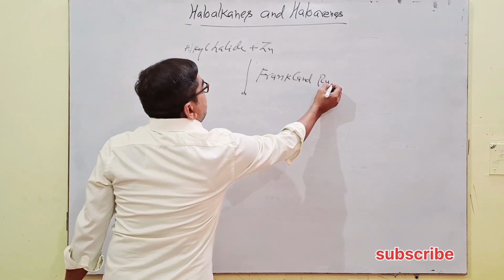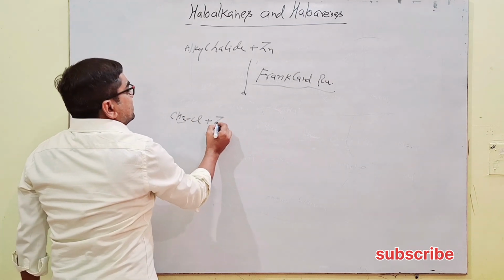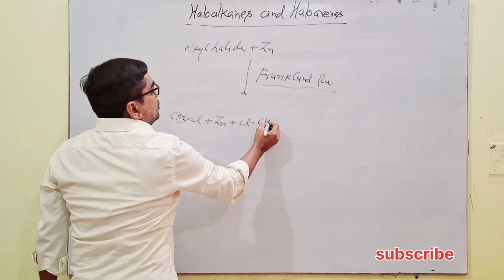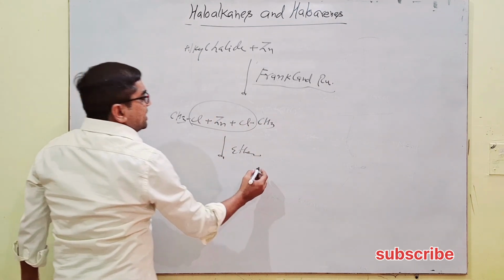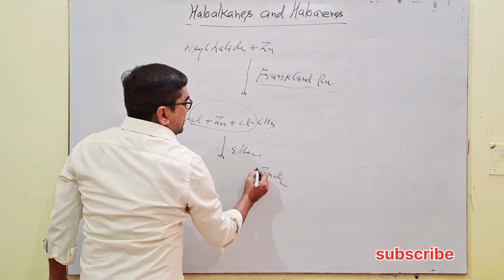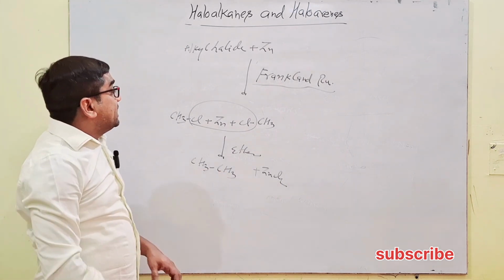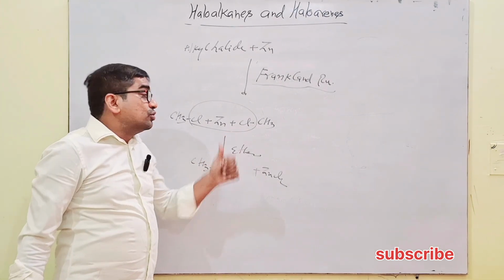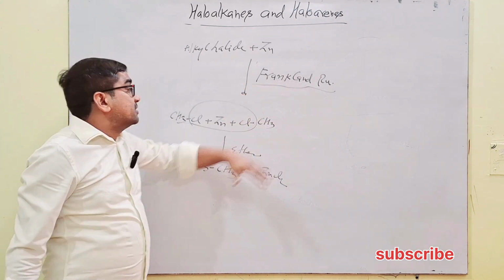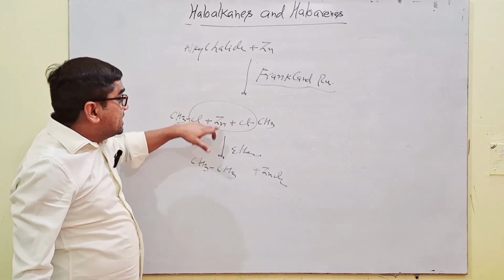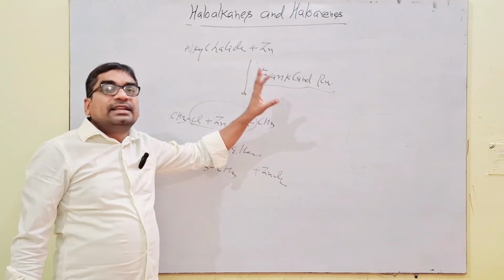Frankland reaction with the same ether medium, like CH3Cl reacts with zinc powder, two molecules of CH3Cl, in ether medium, with elimination of ZnCl2 as a byproduct, and an alkane is formed. If we take zinc metal in place of sodium, the reaction is termed the Frankland reaction, not Wurtz. This is the basic difference between Frankland and Wurtz reactions.